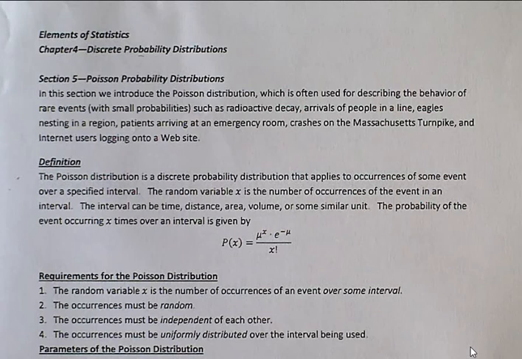Occurrences must be random, they must be independent, and they must be uniformly distributed over that interval. They have to be smooth, with no up and down kind of action going on. And notice what that formula says: the probability of x equals mu raised to the x power times e raised to the negative mu power over x factorial.